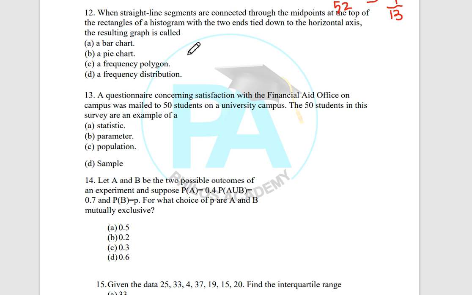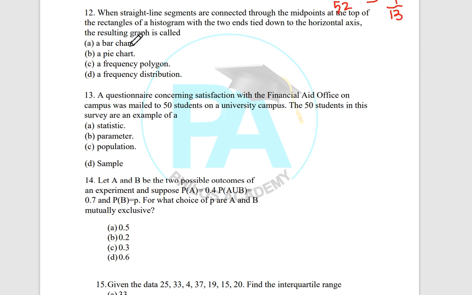Question 12 says, when straight line segments are connected through the midpoint at the top of each rectangle of a histogram, with two ends tied down to the horizontal axis, the resulting graph is called. So what's the resulting graph?